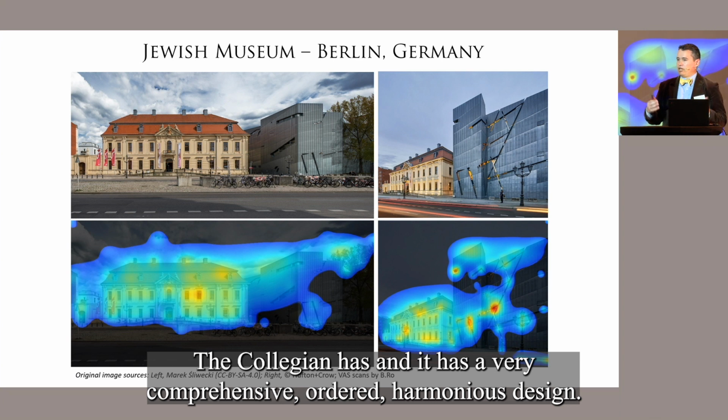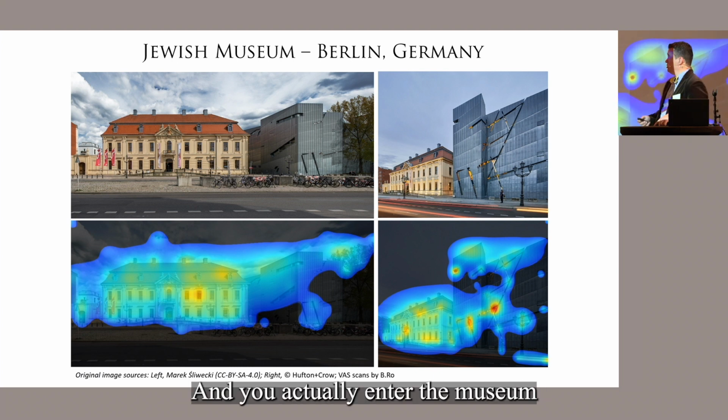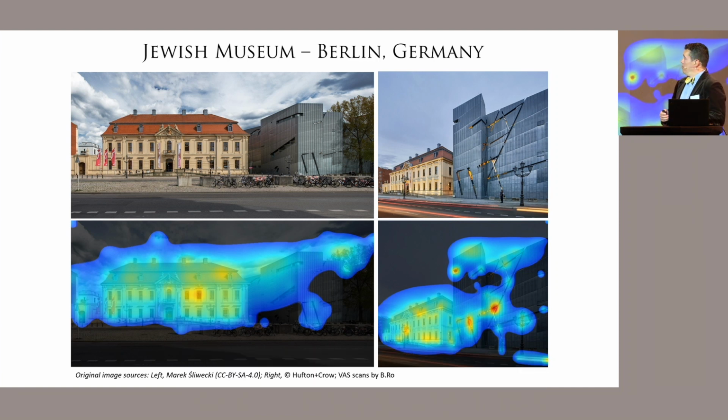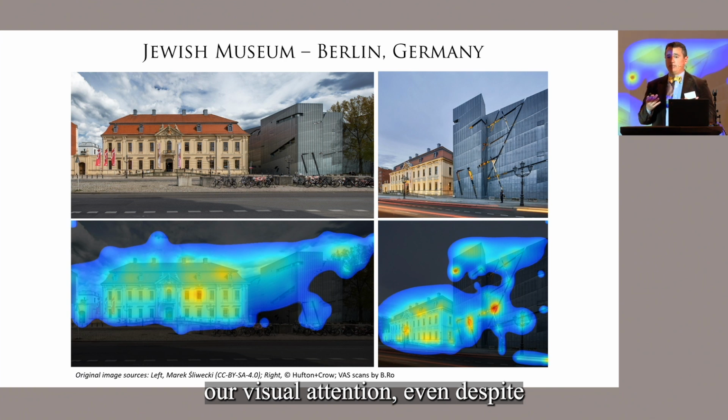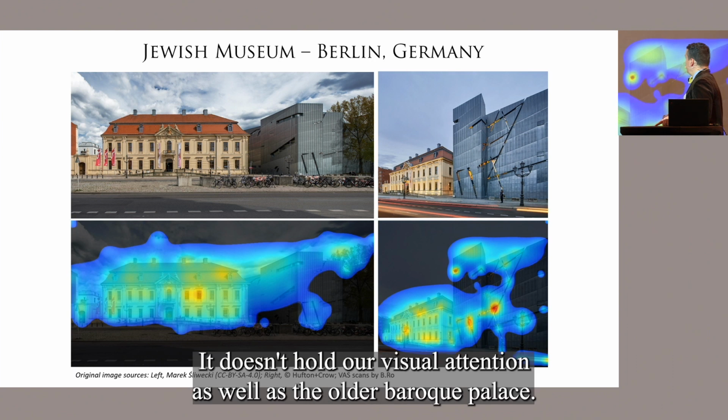And it has a very comprehensive, ordered, harmonious design. Daniel Libeskind's addition on the side of it, and you actually enter the museum through the more traditional building to get to this one. Our visual attention, even despite some of the jarring architectural moves, right, it doesn't hold our visual attention as well as the older Baroque palace.